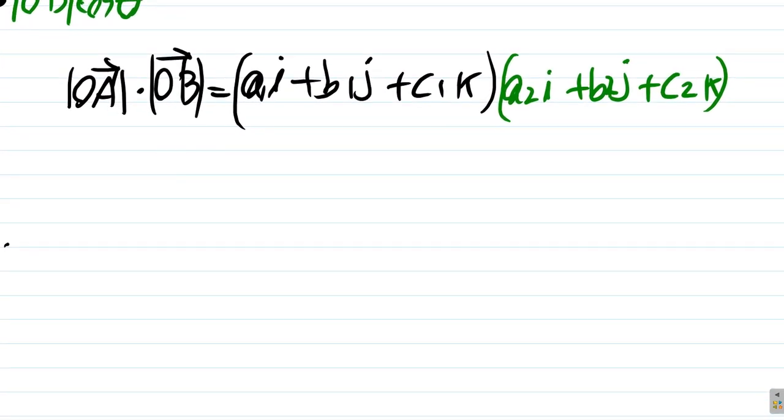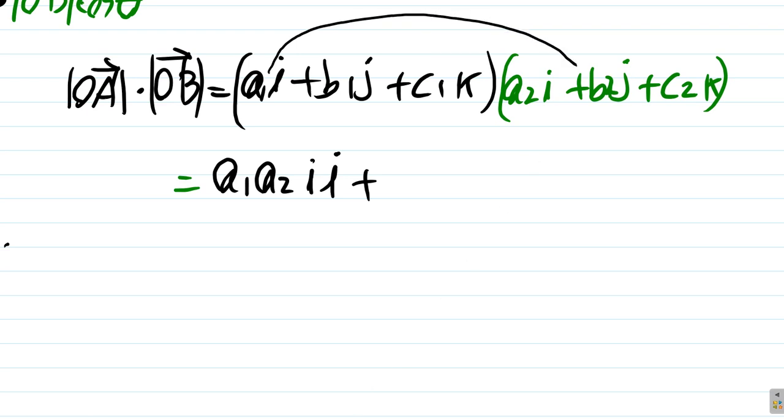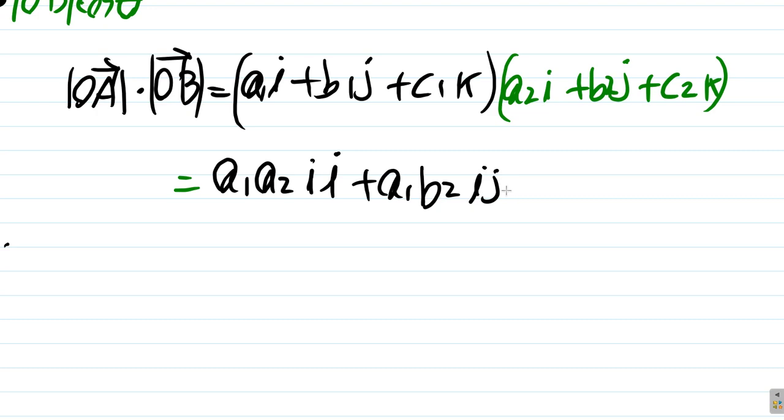Now, if we multiply these out, we get A1I times A2I. So we have A1 A2 times II, plus, let's continue with this, A1I by B2J. Let's write it like this: A1 B2 times IJ. Alright?